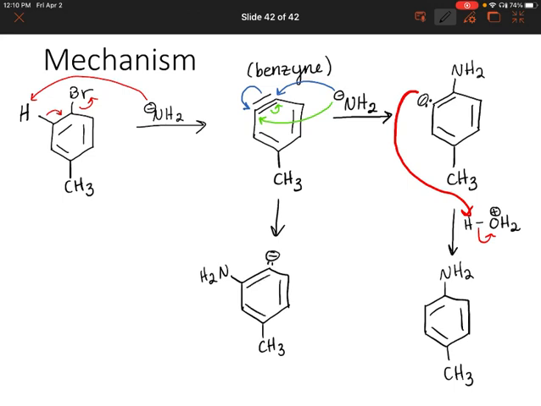So now NH2 has added to the meta position instead of the para position. And again, we would add acid just to reprotonate that carbon. And we get our second product.